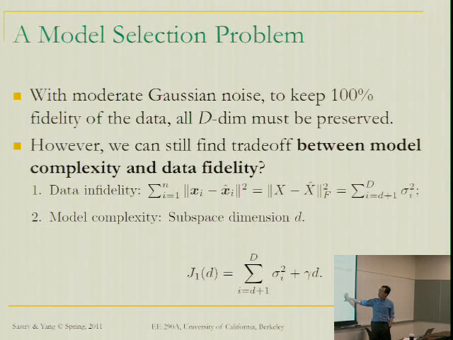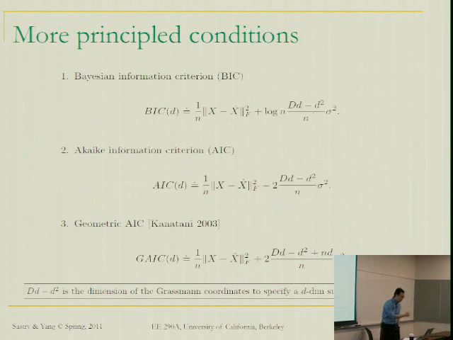This is just a very raw definition of the so-called model selection problem to choose a low-dimensional subspace. So to answer your question, in this slide, if you look at the appendix of the book, you are going to find several more principled conditions to help you to optimize the dimension of the subspace.